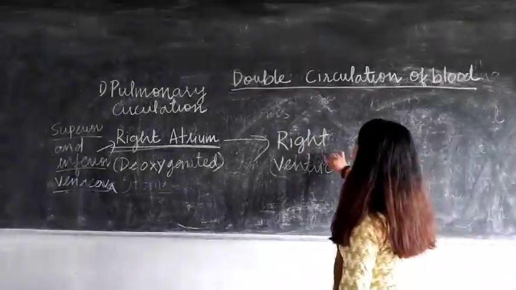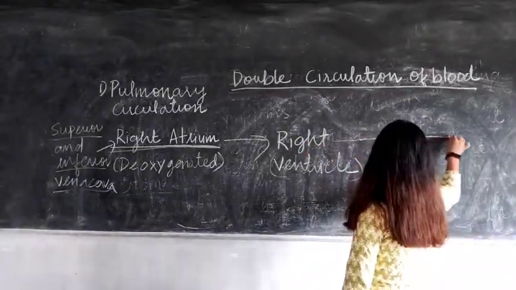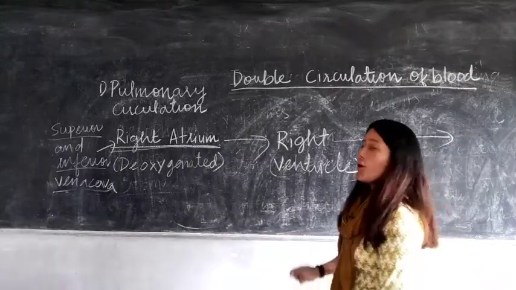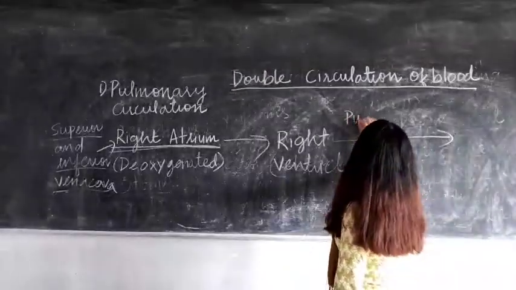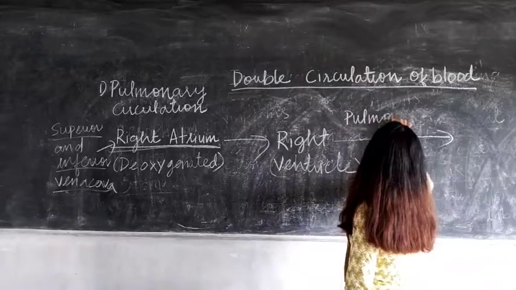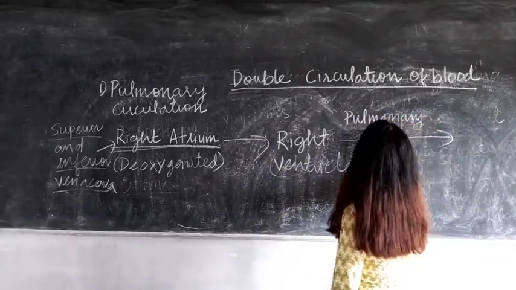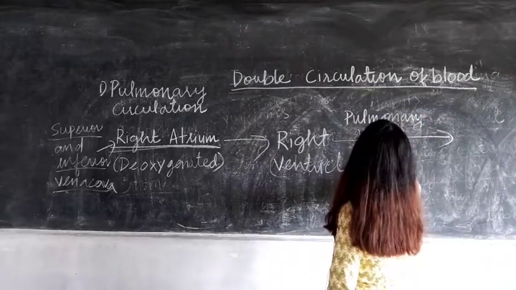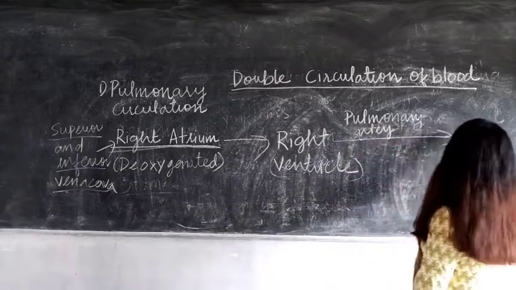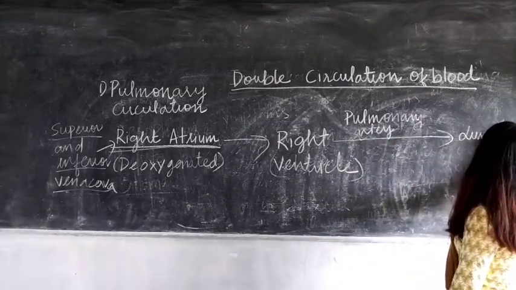Now from the right ventricle, through the pulmonary artery, the blood is taken to the lungs.